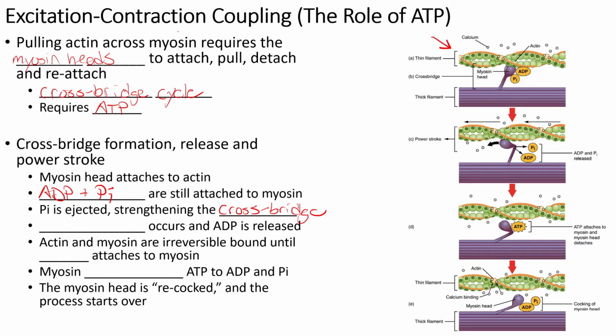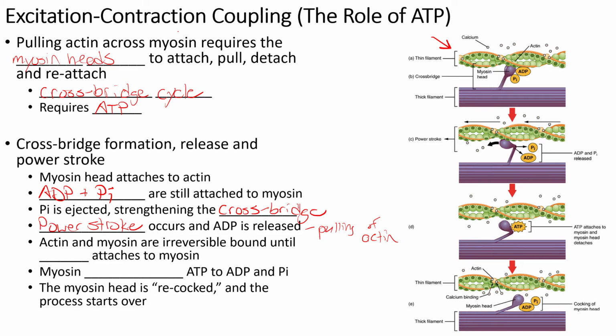Now, you're going to perform a power stroke. The power stroke is where the myosin pulls the actin. That's what it is. It is the pulling of the actin.